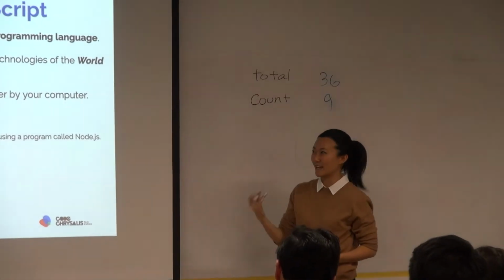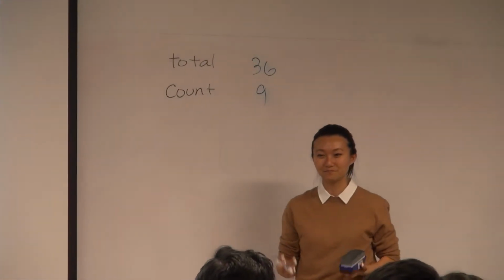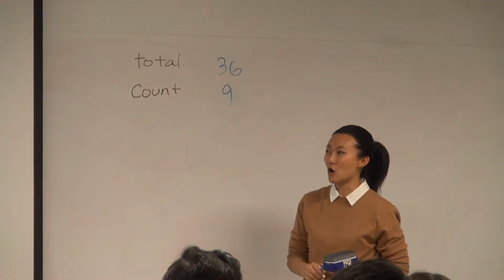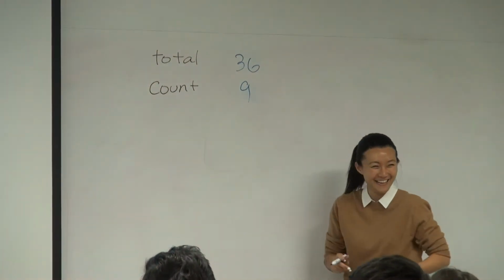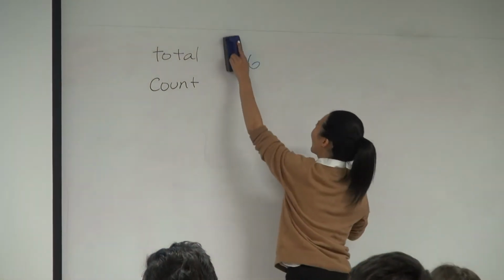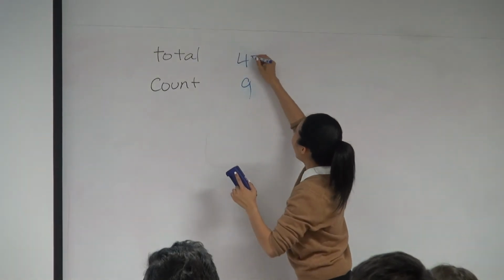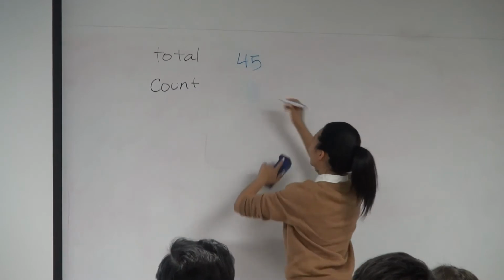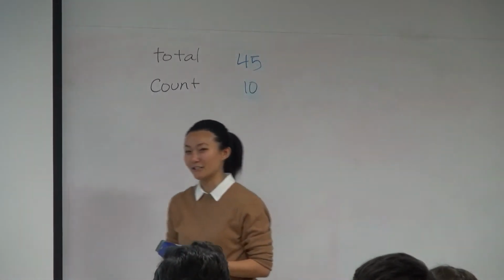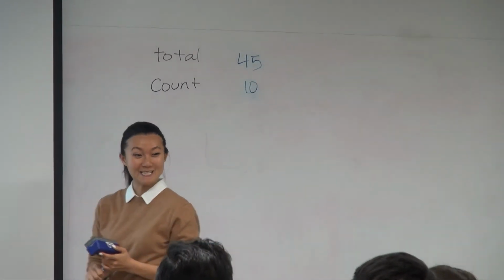Do I loop again? Yes. Count less than or equal to 10? True. Total plus equal count. Are we sure? 45. What about count? 10. Do I loop again? Yes.